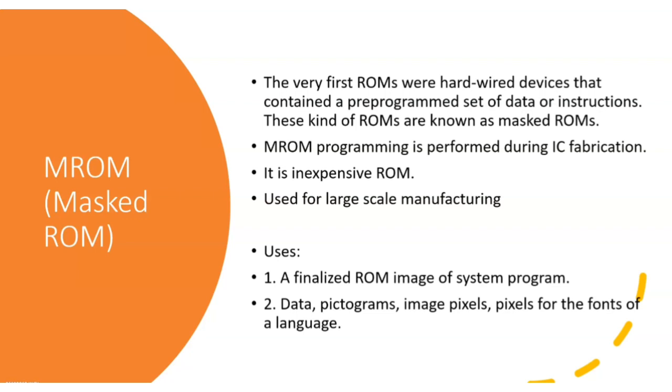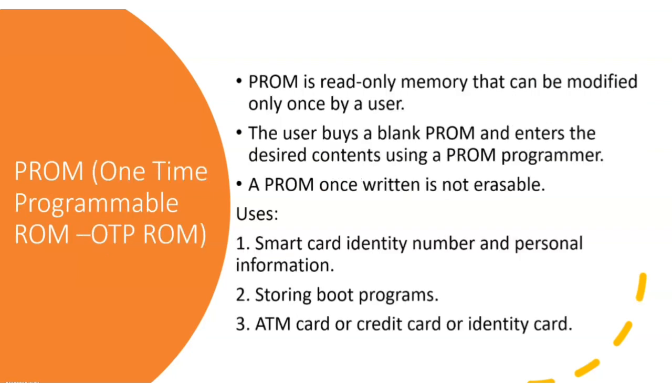Otherwise, if we have to make further modifications, we cannot go for MROM, because once this memory is fabricated, you cannot make any changes. Data, pictograms, image pixels, and pixels for the fonts of a language can all be stored in the MROM.